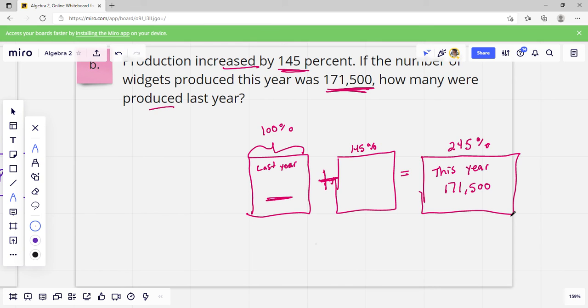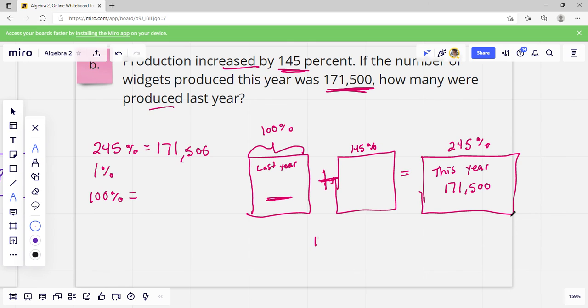So we can write this out, 245% equals 171,500. Now we need to find out what 1% is, and then we need to find out what 100% is, and then that'll be our answer.